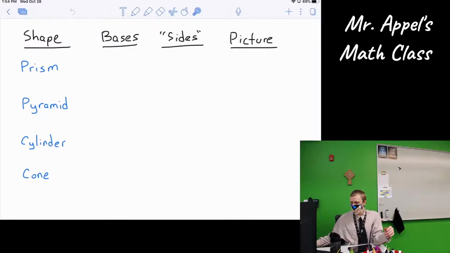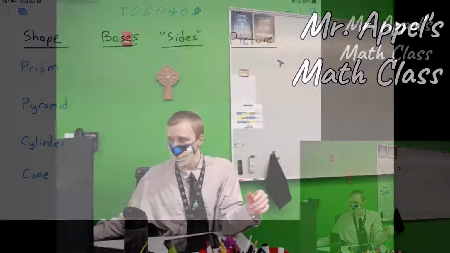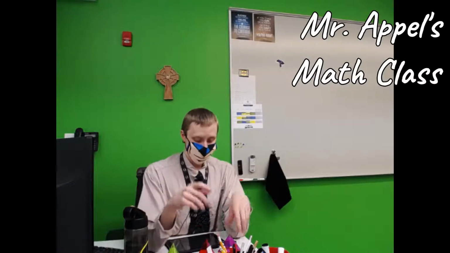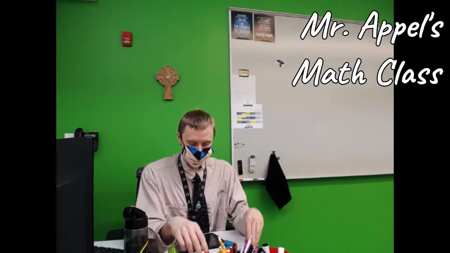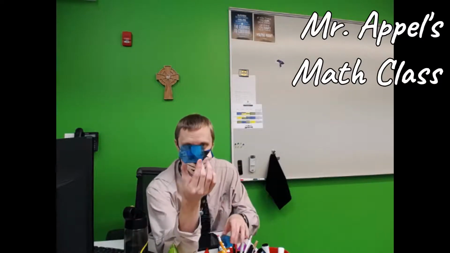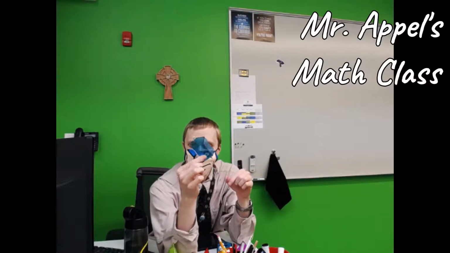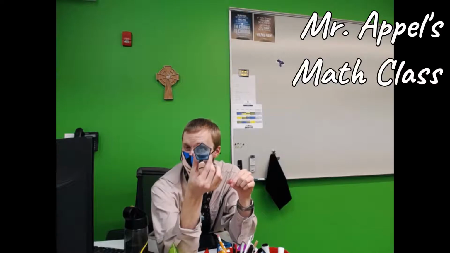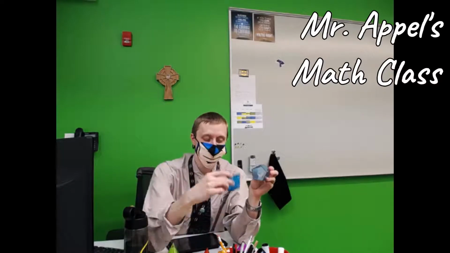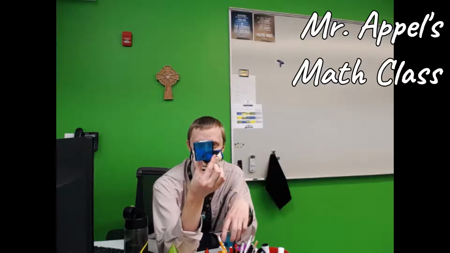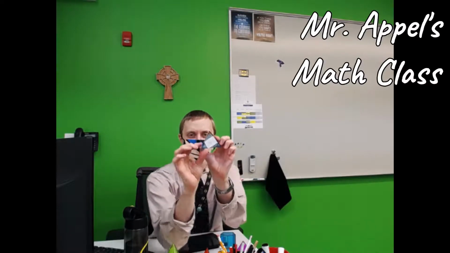So let's start with a visual representation. I'll zoom into the camera here. So here we've got the prisms. Here is a pentagonal prism right here. Can you guess why it's called a pentagonal prism? Versus here is another prism. This one is, though, a triangular prism, okay?